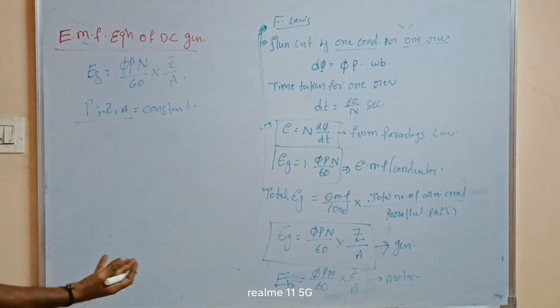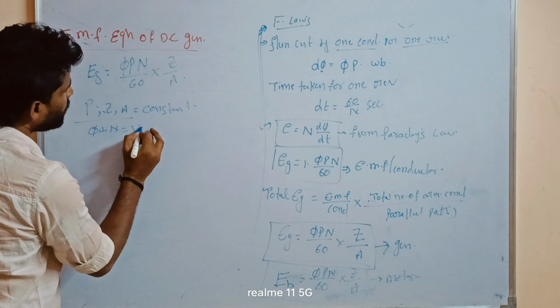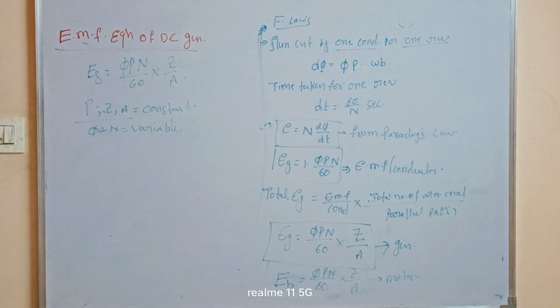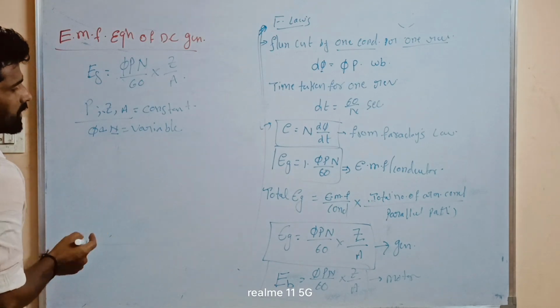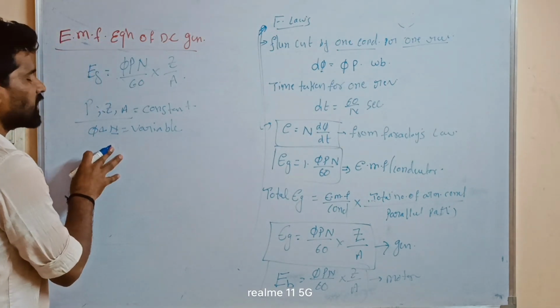So what are the remaining terms? Φ and N. These are the variables. In a DC machine as a generator or motor, the speed will be variable.